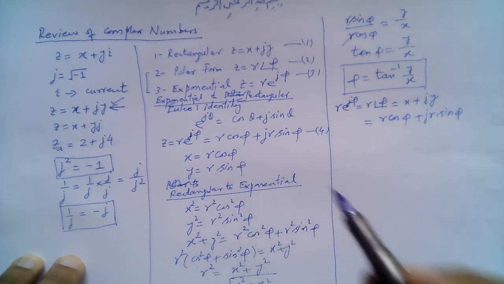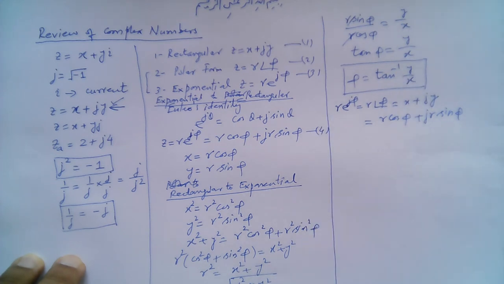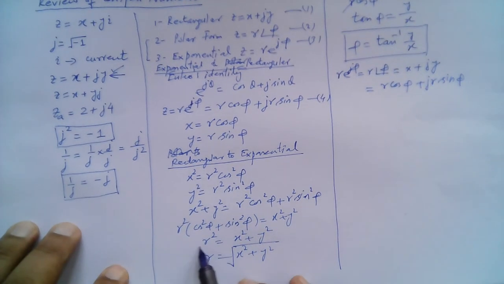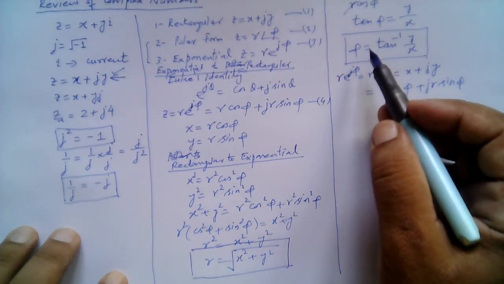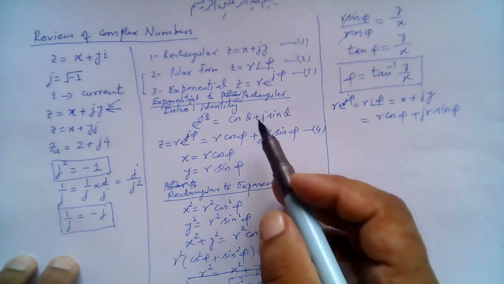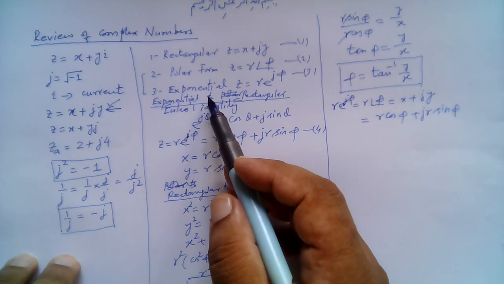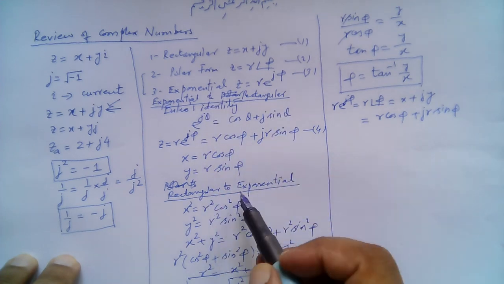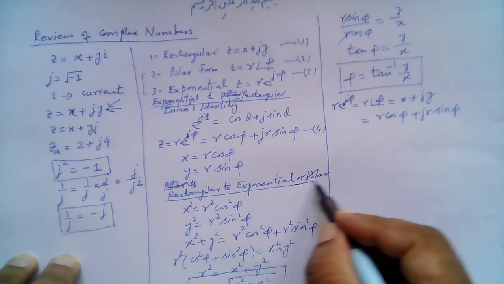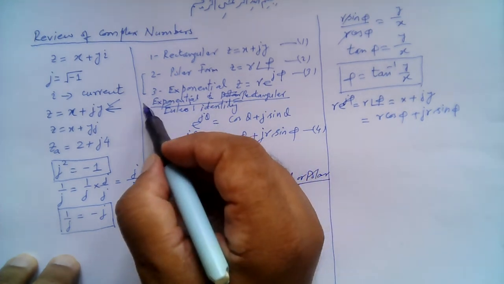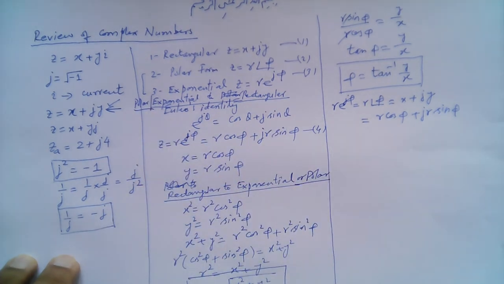And conversely, if we have x and y from the rectangular form, we can find r and phi from the rectangular components. So in a way, it's a conversion from exponential or polar to rectangular, and from rectangular to exponential or polar form.